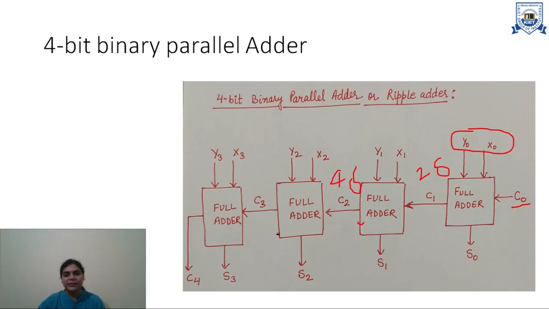Next, this adder will also take 2 delta to produce carry further, so it will take 6 delta. Next, C4 will be produced after 8 delta. So from this example, we can say that delay is proportional to the number of bits n.